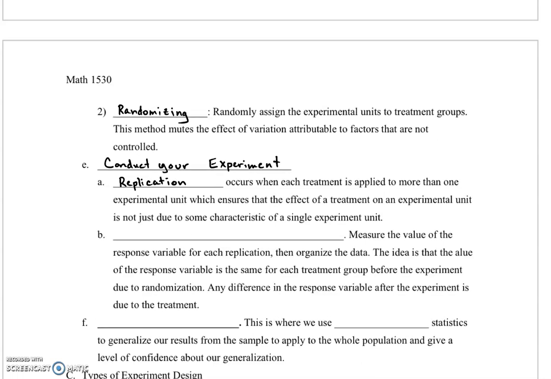And replication occurs when each treatment is applied to more than one experimental unit, which ensures that the effect of the treatment is not just due to some characteristic of that individual. So that's why you want to have multiple people in each group.